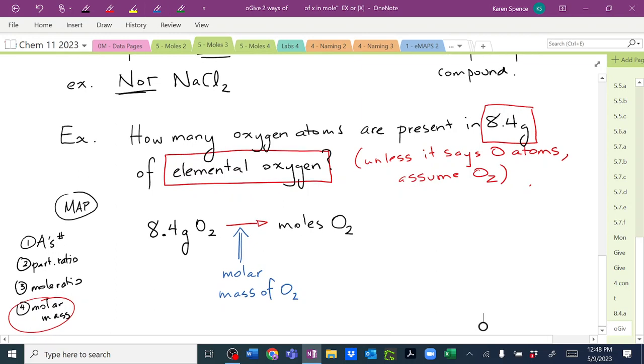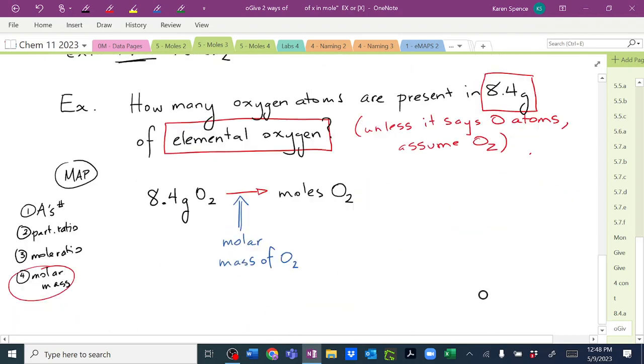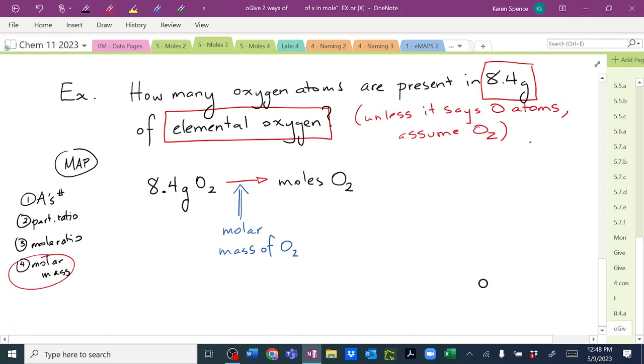Now, eventually, we want at the end of this whole process to get to, what's the unknown in this question? How many oxygen atoms? So at the end of this whole process, we want the number of oxygen atoms.